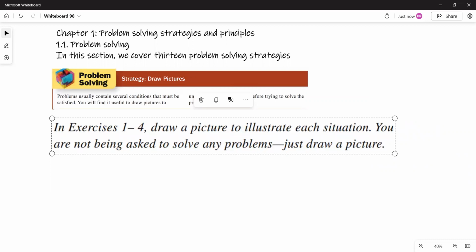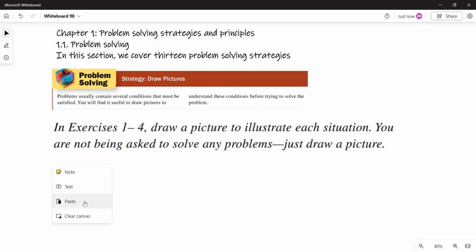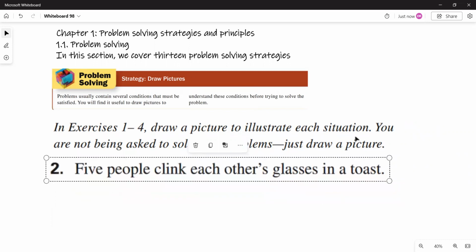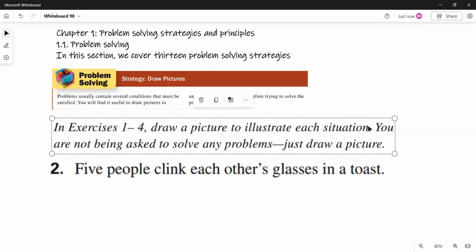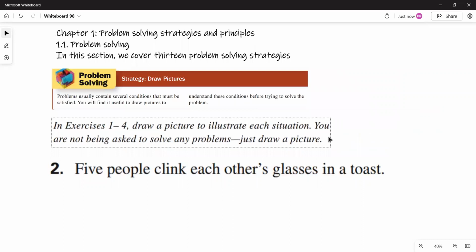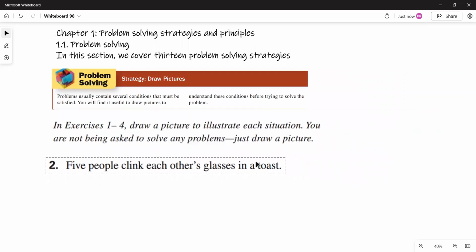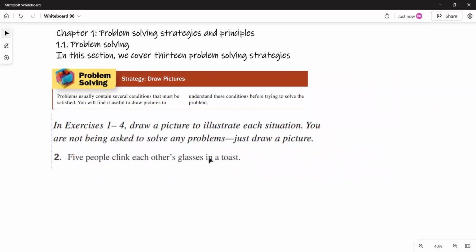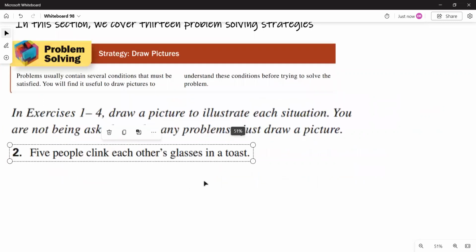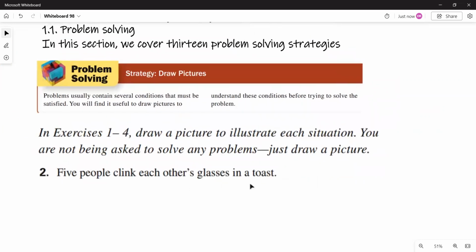So I'm going to copy the directions, and I'm doing number 2. This is on page 15, so I'm writing down the page.